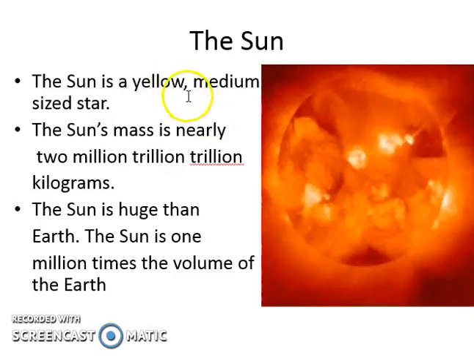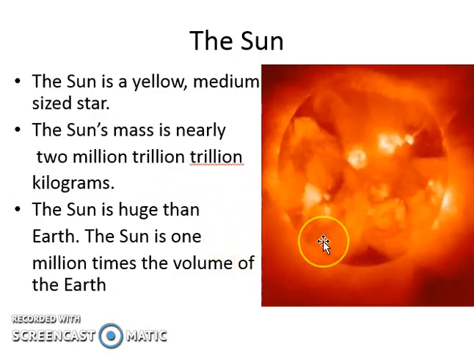The sun is a yellow, medium-sized star. Imagine, our sun is just a medium-sized star. The mass of the sun is 2 million trillion kilograms. So that is how heavy the sun is.